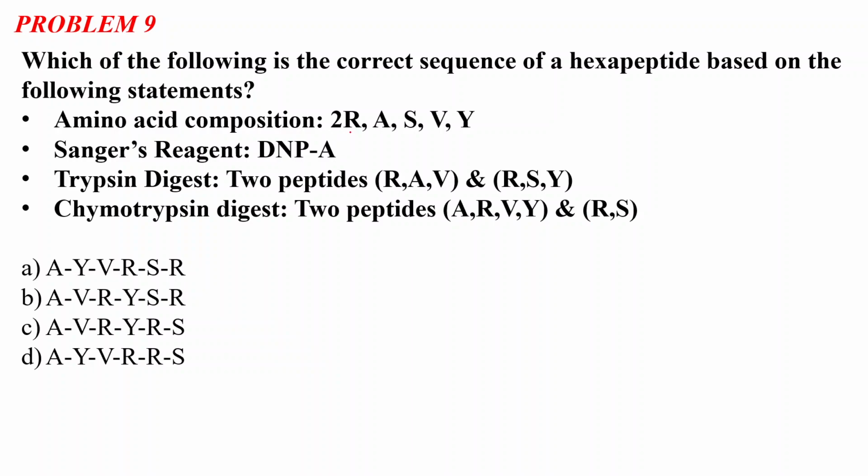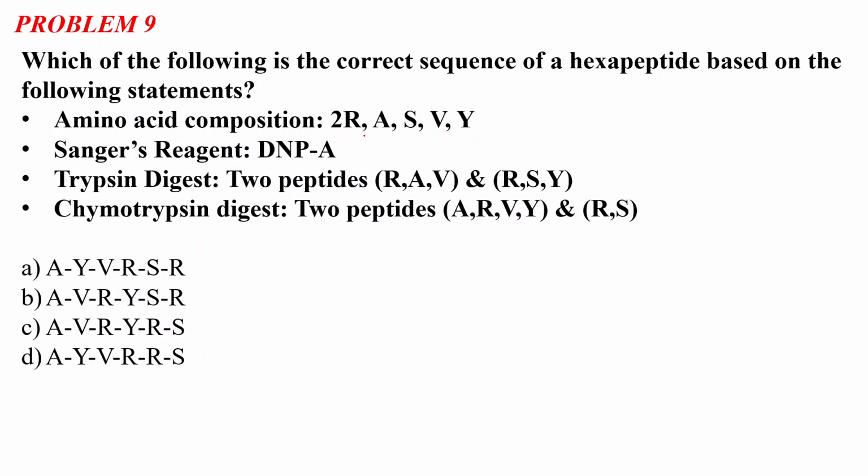Now, these abbreviations are for the amino acids. I know it is a very tricky part, because you have to remember a few amino acids. Some are easy to remember, like A, which stands for alanine, S for serine, and V for valine. But there are some tricky ones like Y and R that you need to remember.